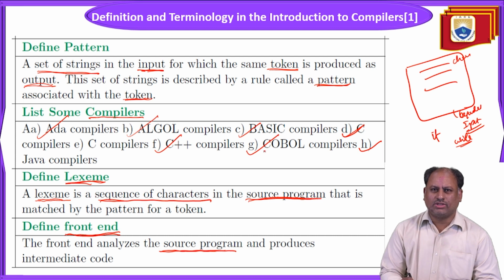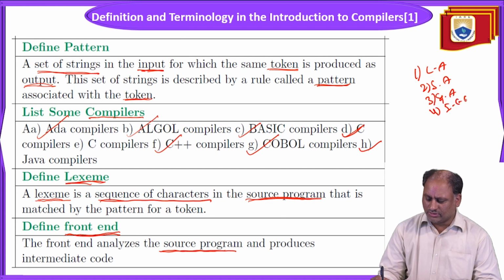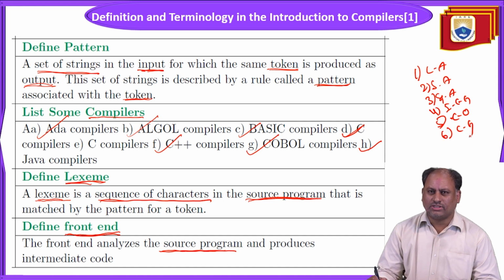There are a total of 6 phases of a compiler. One is lexical analysis, second syntax analysis, third semantic analysis. The fourth one is intermediate code generation. The fifth one is code optimization. The sixth one is code generation.